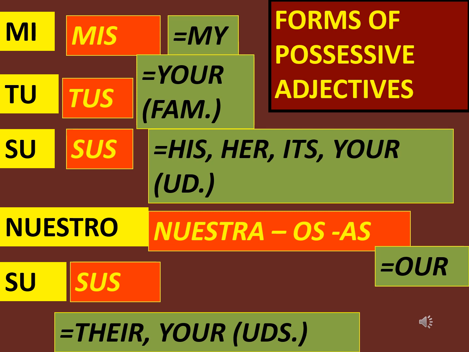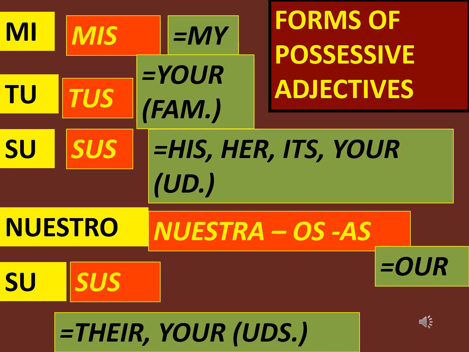Okay, there are three of these, mi, tu, and su, that only have two forms. One is singular and one is plural. So if what is following the word is plural and has an S, you need to use the possessive adjective that also ends in S. And if it's singular, you would not.